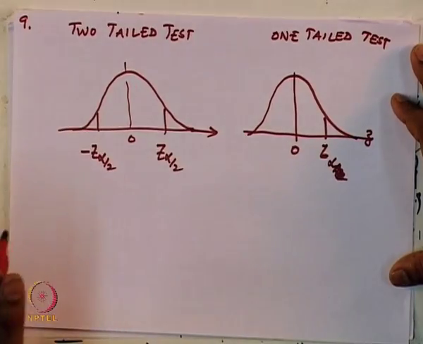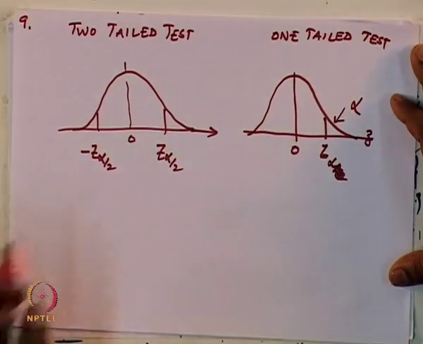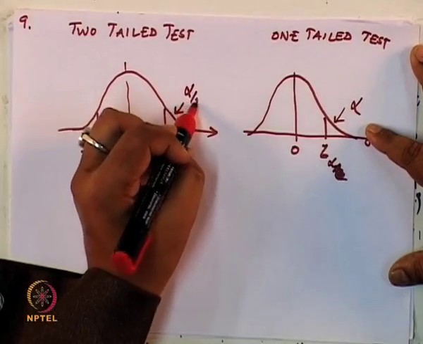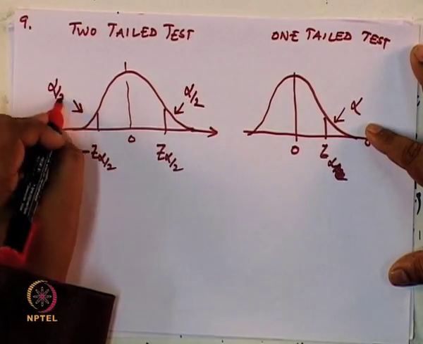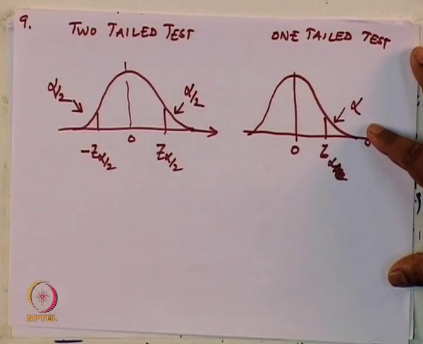So, this area is alpha for a one-tailed test, and these two areas are alpha by 2 for the two-tailed test.